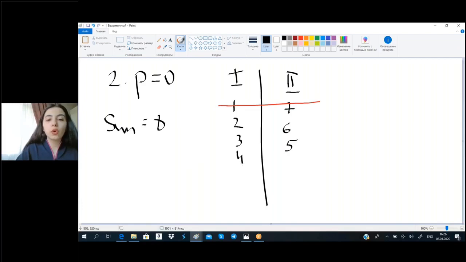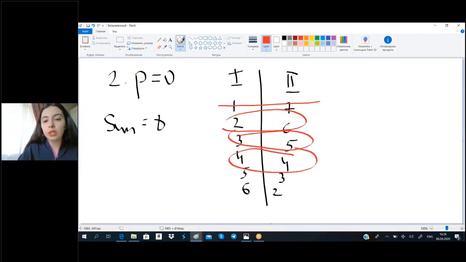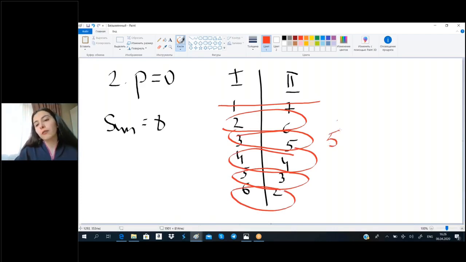First one is 4, second one is 4. First one is 5, second one is 3, and 6, 2, that's all. This is the number of needed events. They are totally 1, 2, 3, 4, and 5. Yes, we have totally 5 needed events.